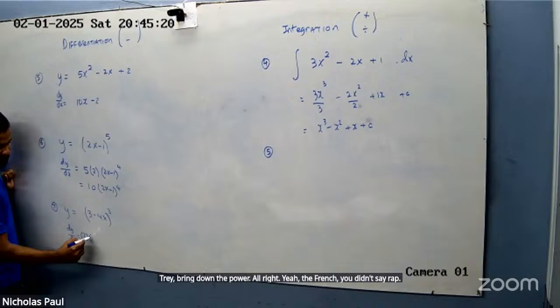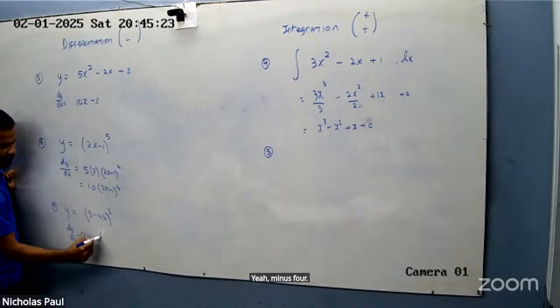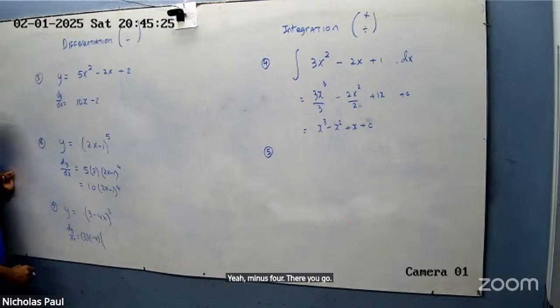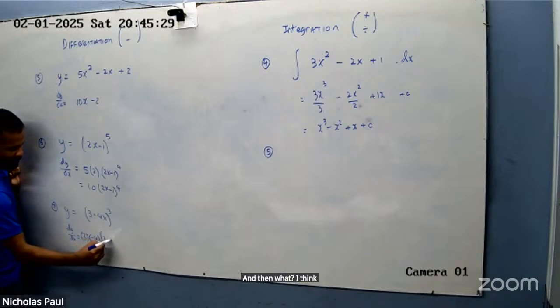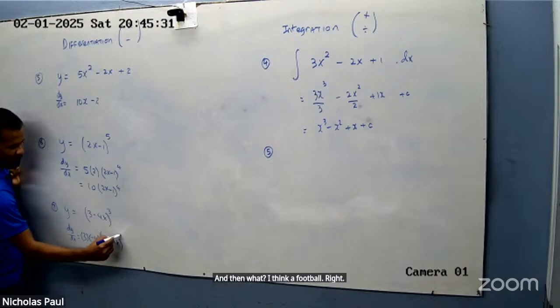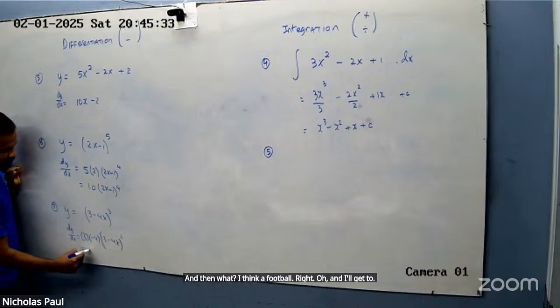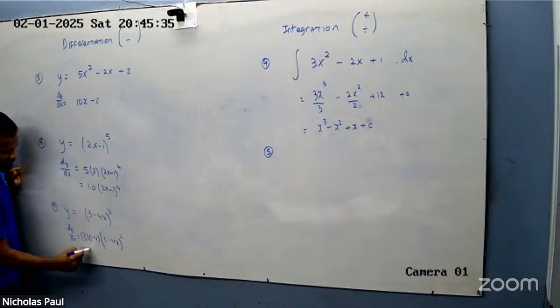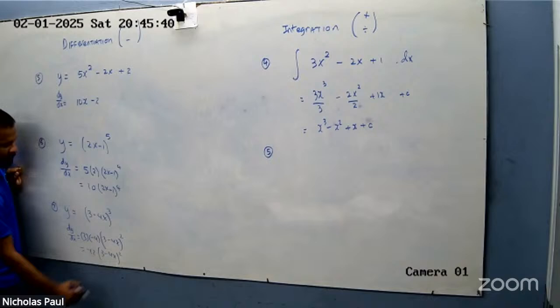Minus 4. Yeah, minus 4. And then after, put back this same bracket. And I'll get 2. So you can leave minus 12. And put back the bracket. All right. Okay. Nice.